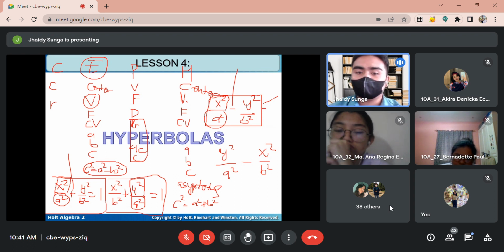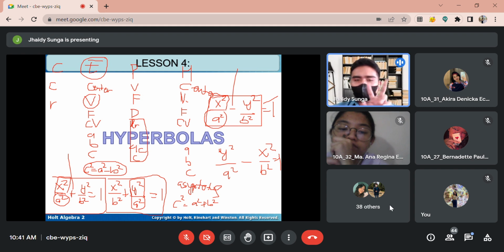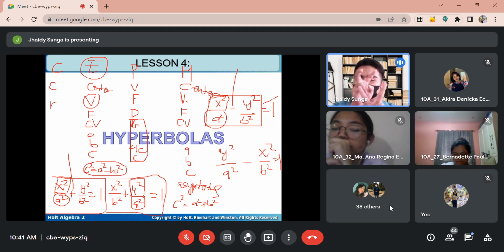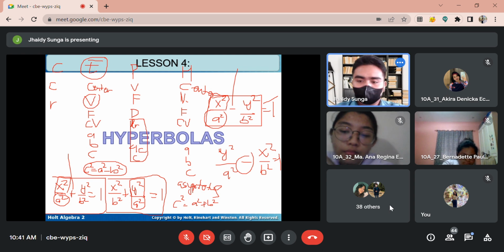It is always just equal to 1. They are simply the same; the only matter is that the a squared and b squared do not change, the numerators are the ones changing position, and they have the operation of subtraction. Are we clear?